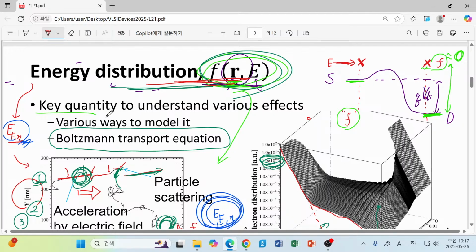That information is obtained from this distribution function, and these hot electrons introduce many usually unwanted behaviors. This reliability problem or this breakdown voltage, many kinds of effects are related to energy.